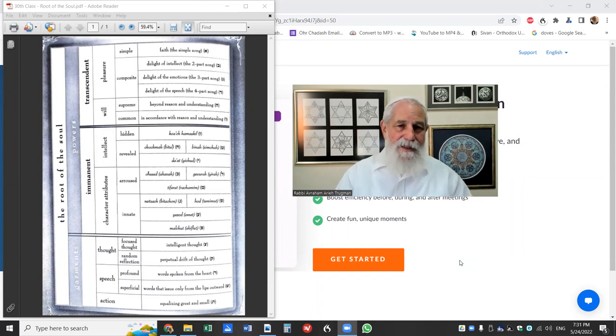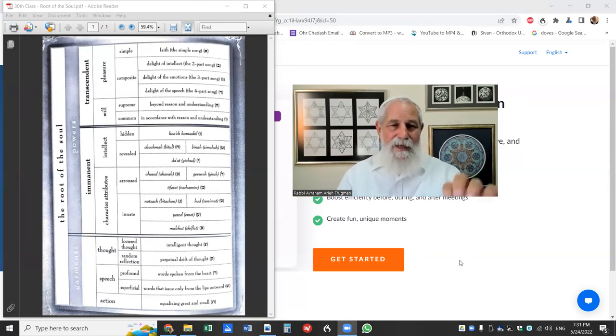So here, the intellect, we see that Chachma, Bina, and Daat, meaning wisdom, understanding, and knowledge, has a hidden aspect and a revealed aspect.